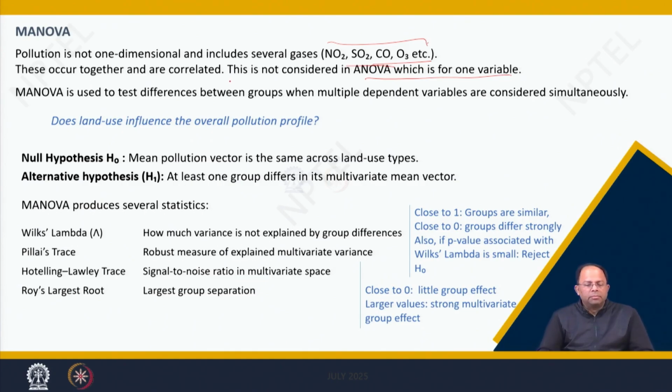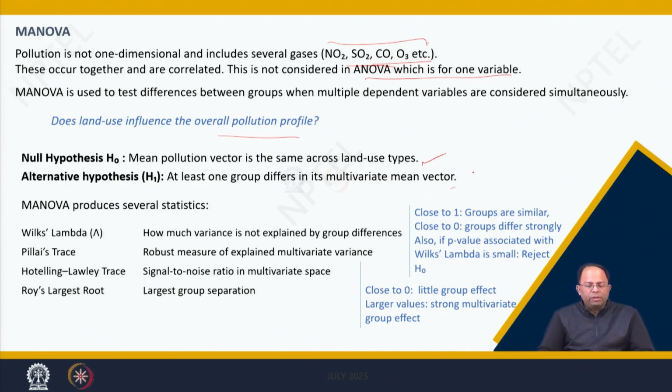So all their values need to be taken. The question could be, does land use influence the overall pollution profile? It is not only CO2 or NO2, it is the entire thing we are looking into. The null hypothesis H0 in this case is that the mean pollution vector is the same across the different land use types, whereas the alternative hypothesis is that at least one group differs in its multivariate mean vector.